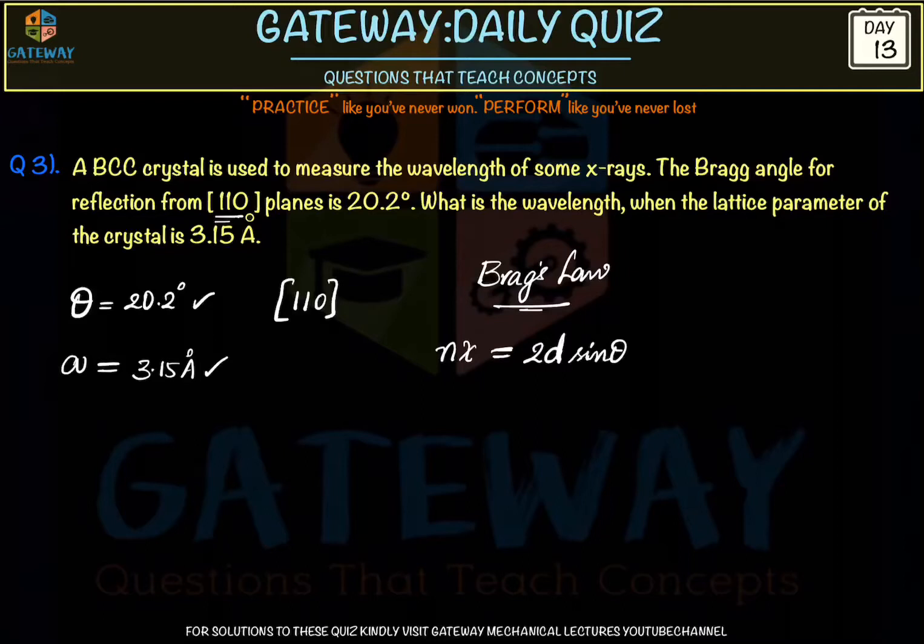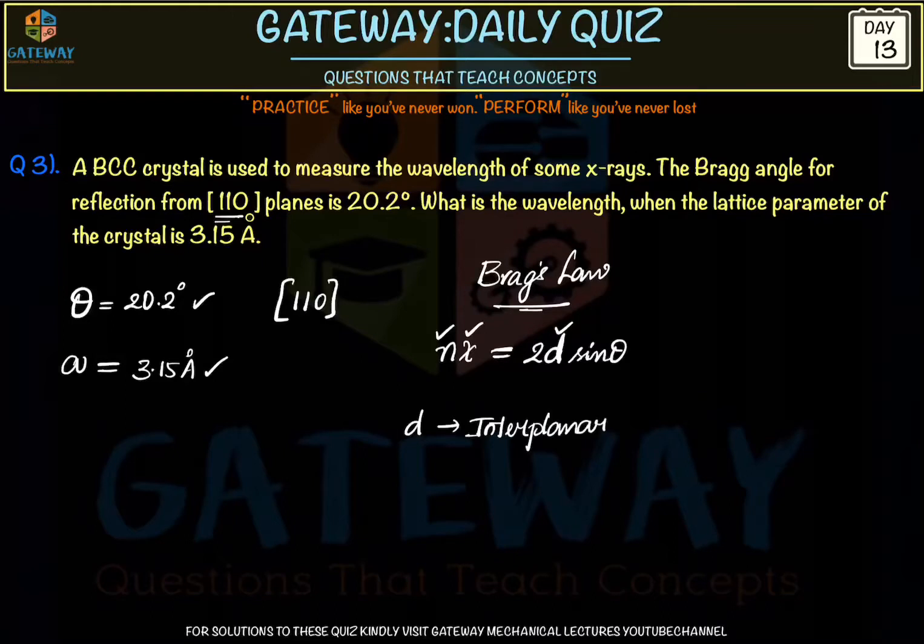Here lambda is the wavelength of the X-ray being used, n is the number of reflections it has taken, and d is called the interplanar distance.